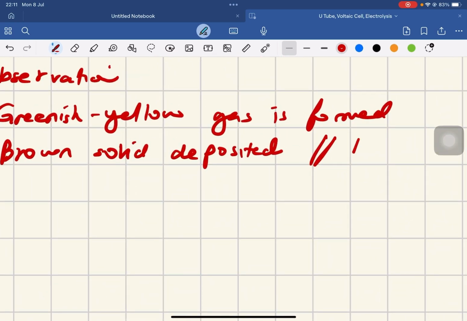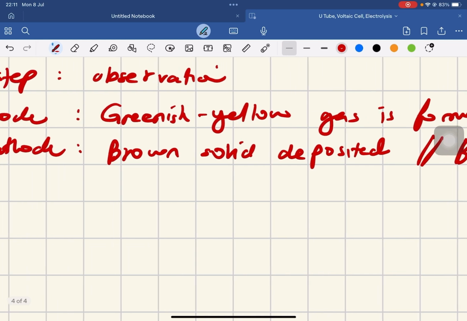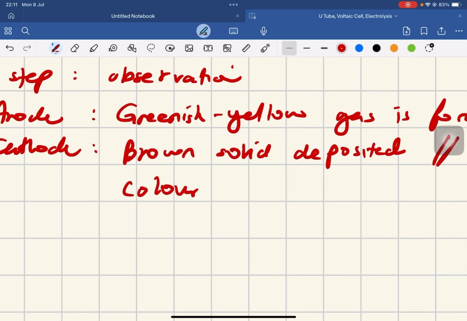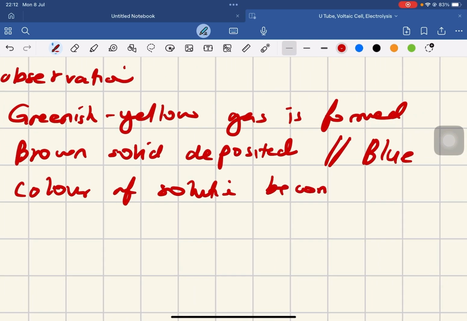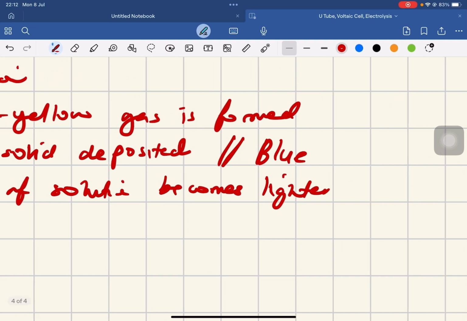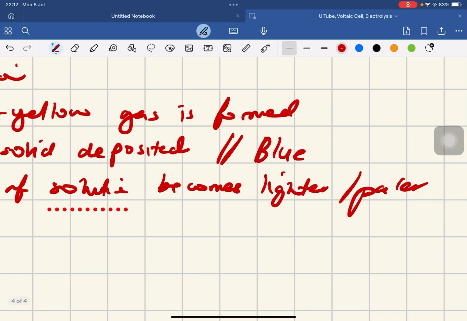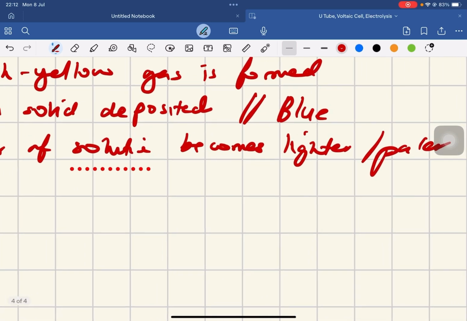So you can say, blue color of solution becomes lighter, ataupun paler. Ataupun jugalah, kita tak kisah. Why?